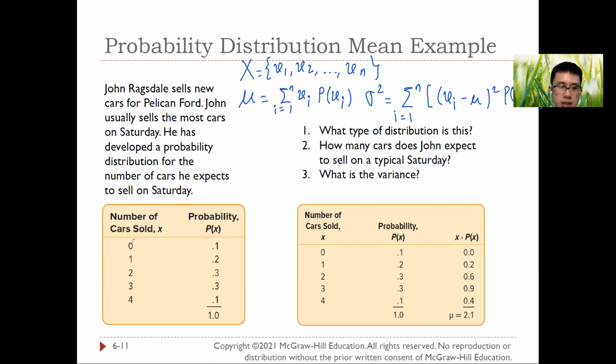The first values are 0, 1, 2, 3, and 4. If we label those x, we can write 0 to be x subscript 1, x subscript 2, and so on, and the last is x5. And of course, this is the probability.